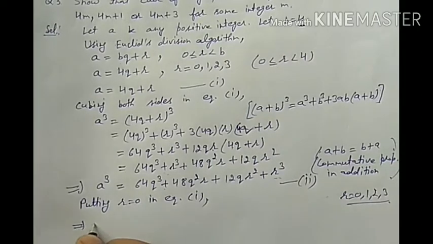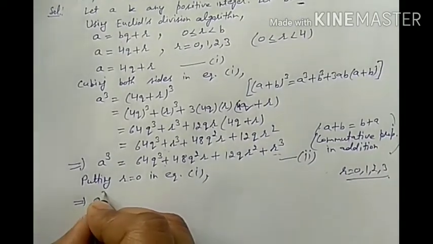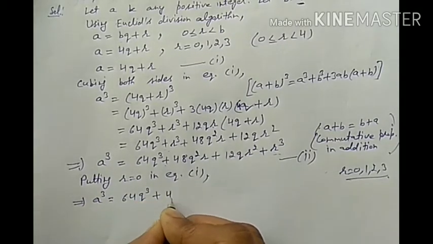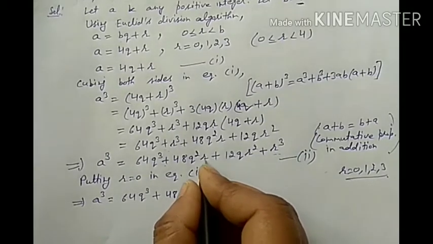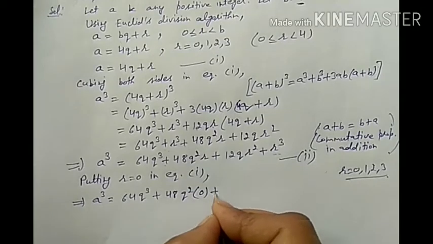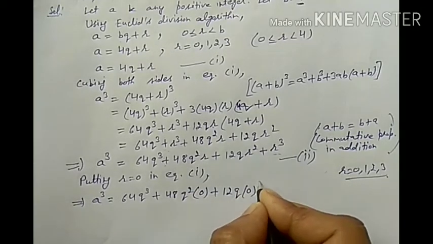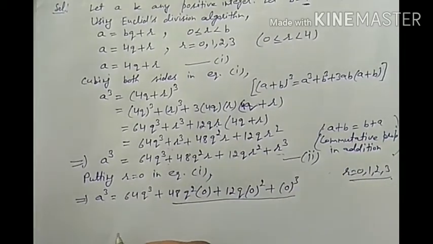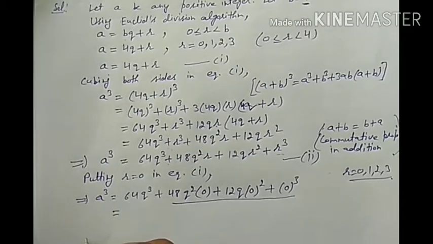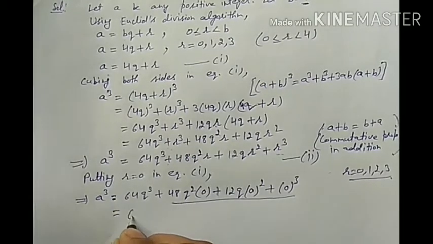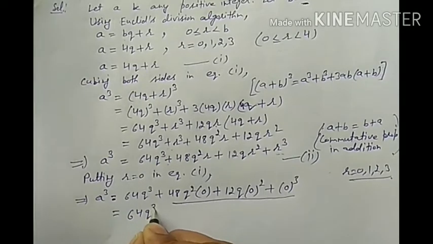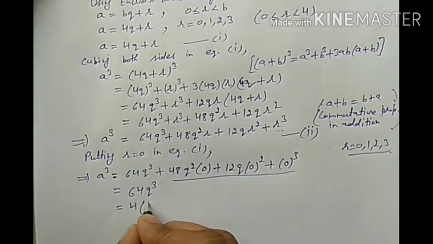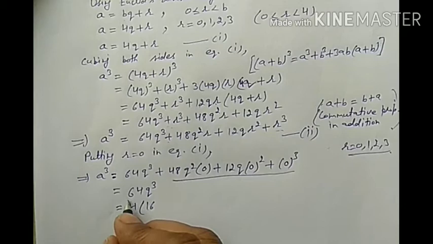Then it gives a cube is equal to 64 q cube plus 48 q square, and at the place of r, 0, again at the place of r, 0 square, plus 0 cube. This will all become 0. So our remaining term is 64 q cube, and we can write it as 4 into 16, because we are taking 4 common outside.